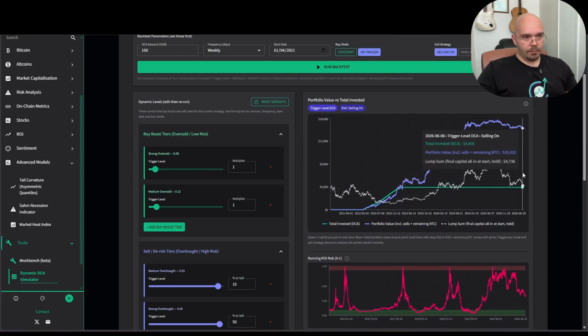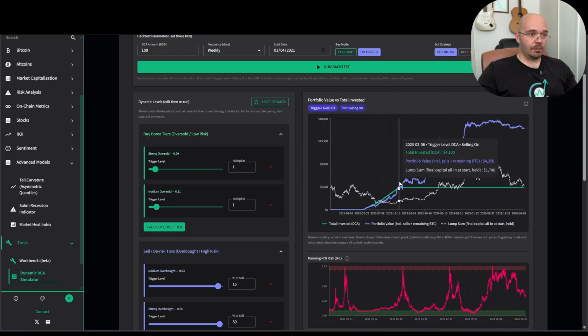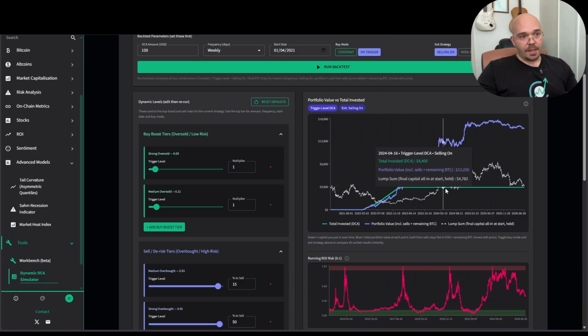We end up with a total invested DCA amount of $4,400, which actually doesn't change from early 2023 up to 2026. But you can see as Bitcoin price changes, that's when the value of it changes.